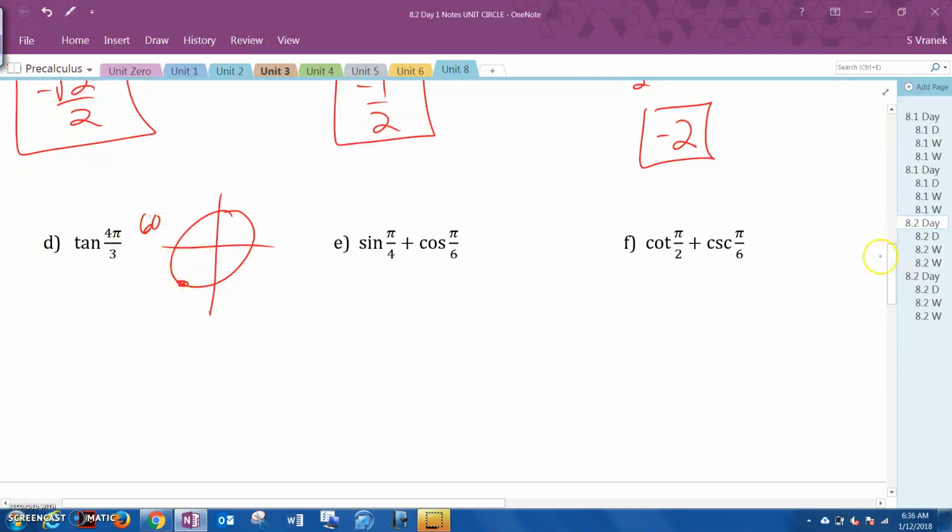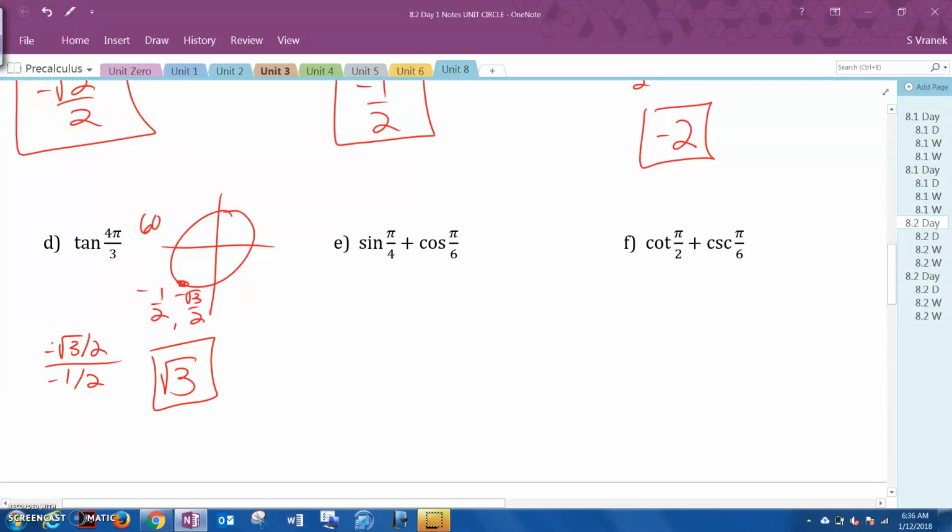We already did a 60 reference. 60 was when x is shorter, y is longer. They're both negative here. So remember, tangent is when you divide y over x. So when you divide y over x, you just get root 3. The 2's cancel, the negatives cancel.